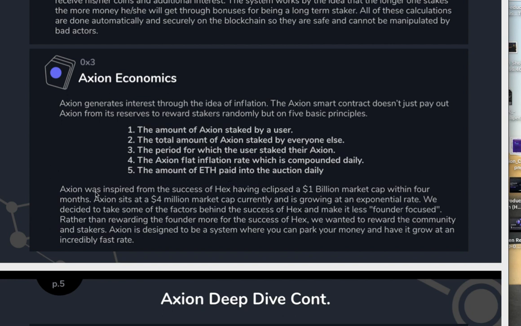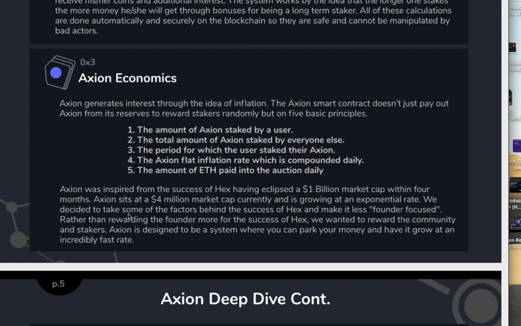All right. So Axion was inspired by the success of Hex, having eclipsed a $1 billion market cap within 4 months. So this is some of the aspirations that you can have for this project, and there's nothing stopping Hex from continuing to rocket up with the right gamification. And that's true for Axion as well. Axion sits at a $4 million market cap at the time of the writing of this, and is growing at an exponential rate.